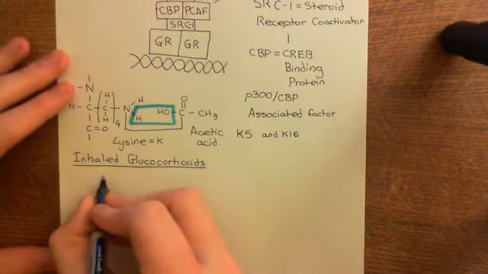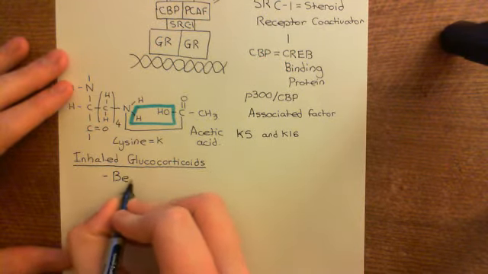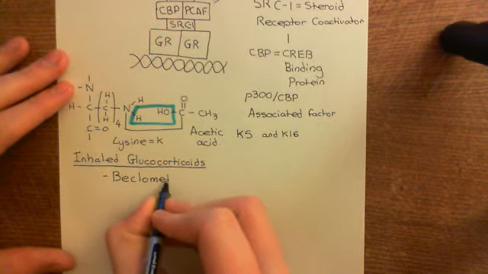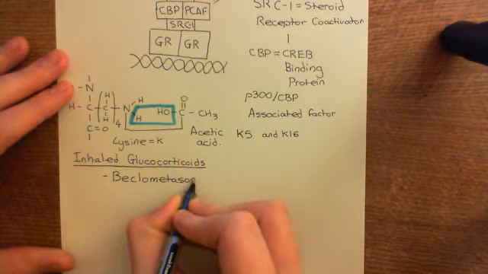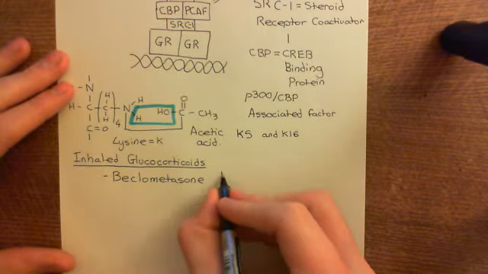So some drug names now. One of the main inhaled glucocorticoids that is used is beclometasone. Beclometasone is a glucocorticoid that can be given by inhalation for the prophylactic treatment of asthma. Another one is budesonide.